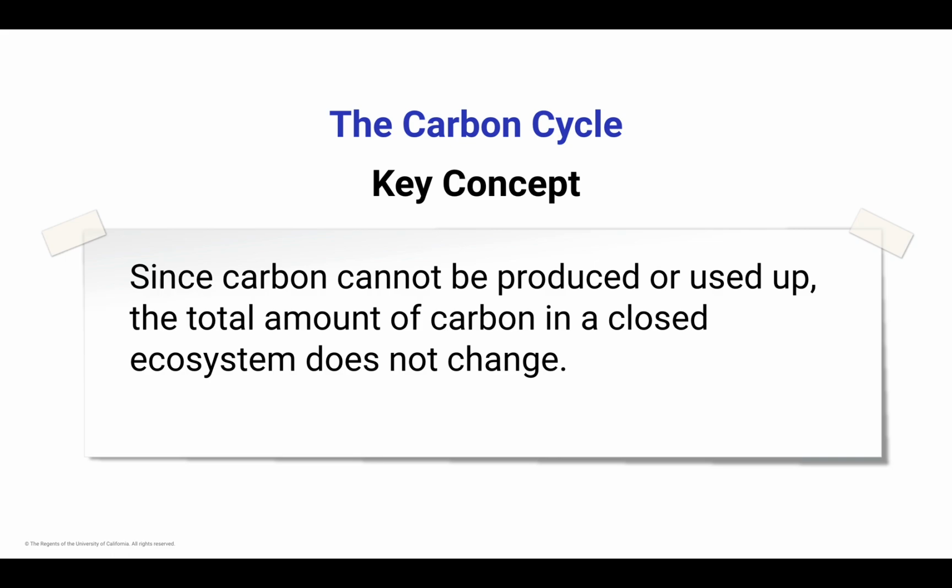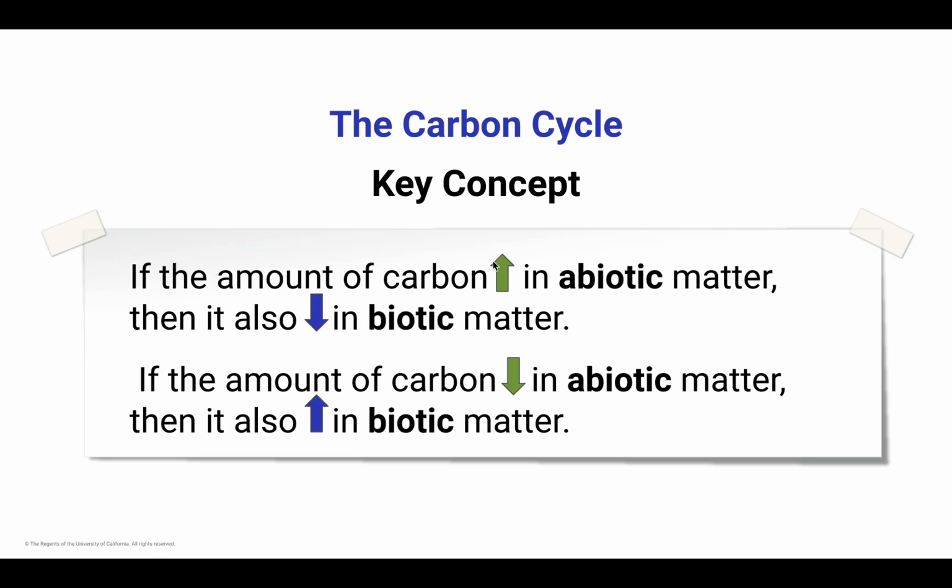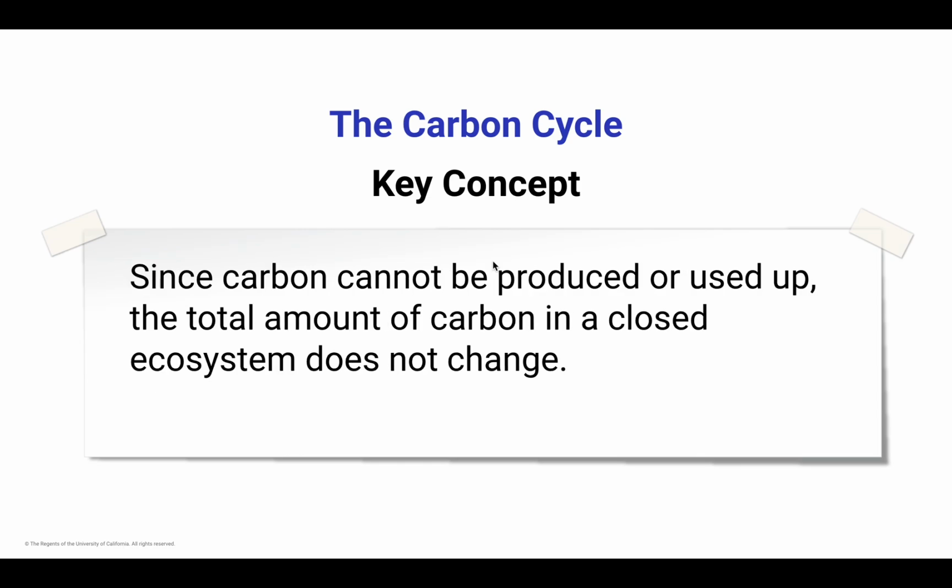All right, so key concept number 9 says, since carbon cannot be produced or used up, it cannot be created or destroyed, the total amount of carbon in a closed ecosystem does not change. Bear in mind, this is only true in a closed ecosystem. If we have an open ecosystem, it's not that the carbon is disappearing, it's just literally going somewhere else.